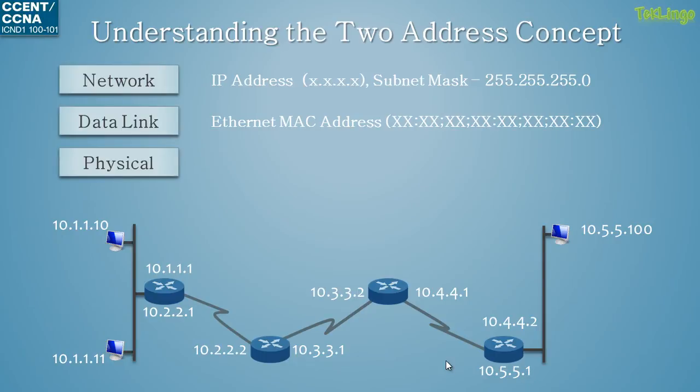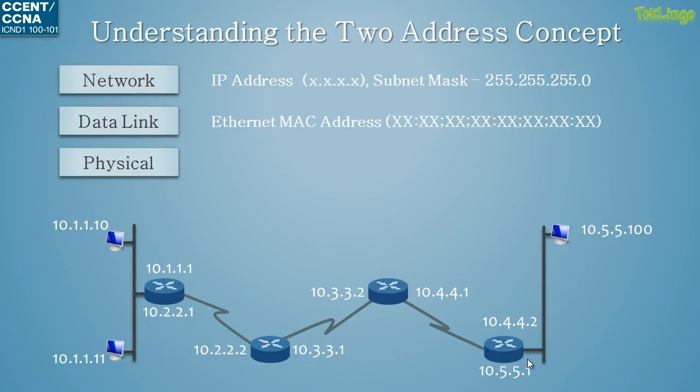Now when the packet is sent to router 10.3.3.2, it will replace both source and destination MAC address with the new source MAC address of 10.3.3.1 and the destination MAC address of 10.3.3.2, and the same process follows until it reaches the network 10.5.5 and its destination 10.5.5.100.